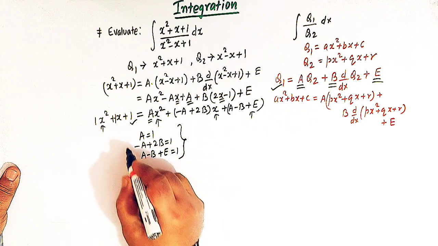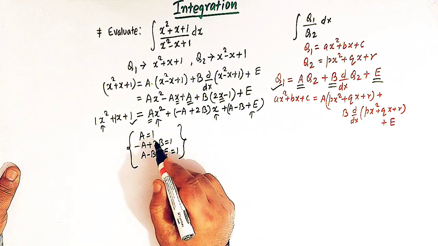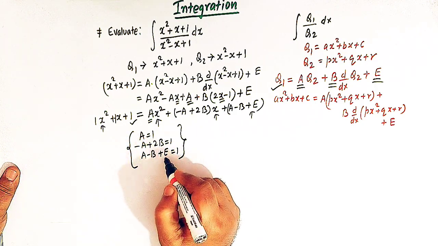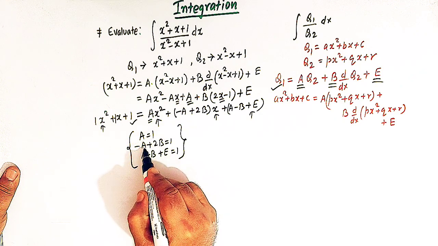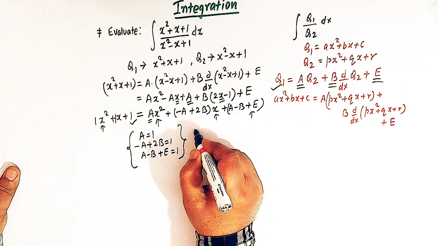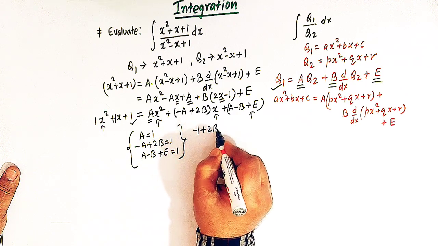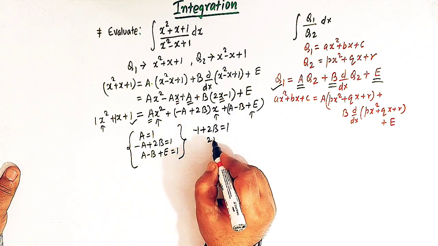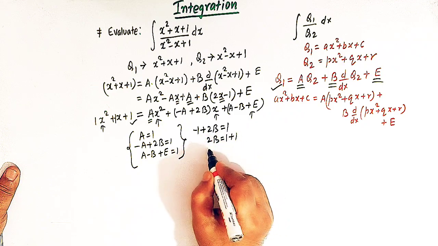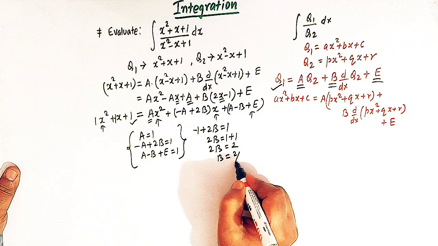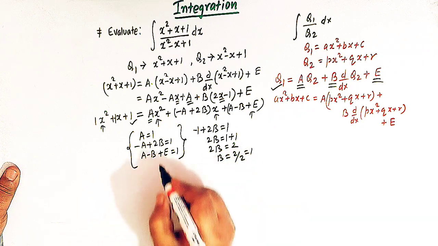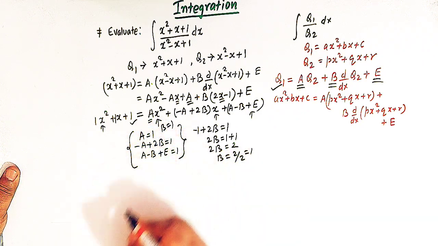So now we have three equations and three variables. Here a is 1, taking a is equal to 1 in this equation, we have minus 1 plus 2b is equal to 1. So 2b is 1 plus 1, 2b is 2. So b is 2 over 2, that is 1, right? So the value of b is 1.